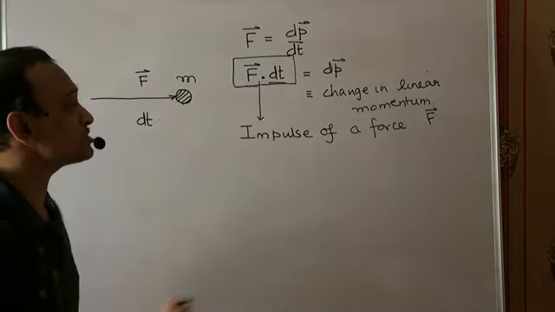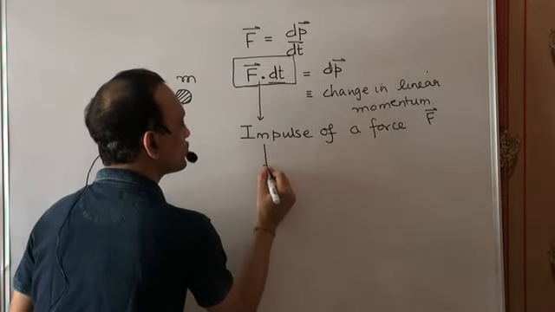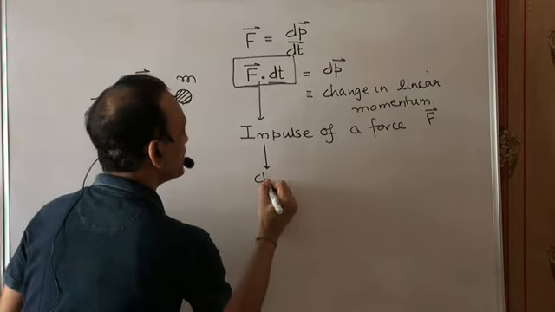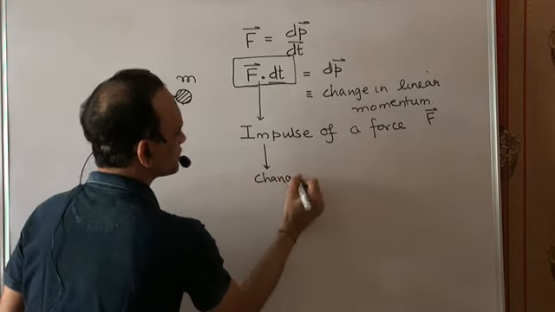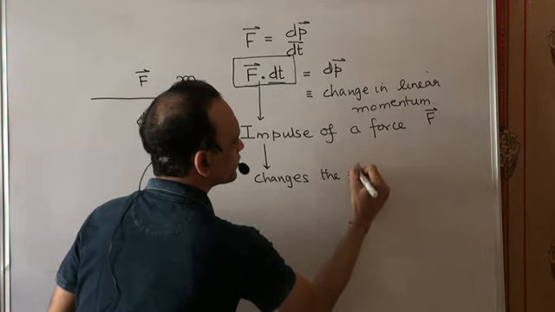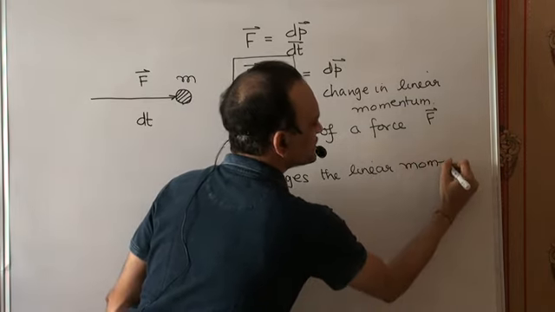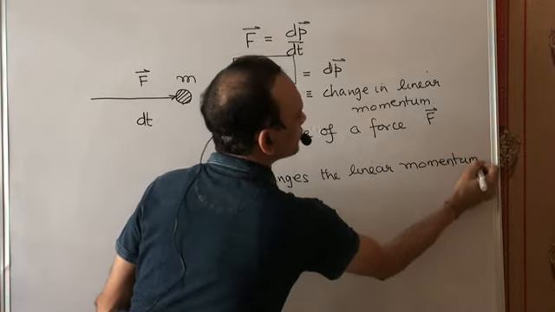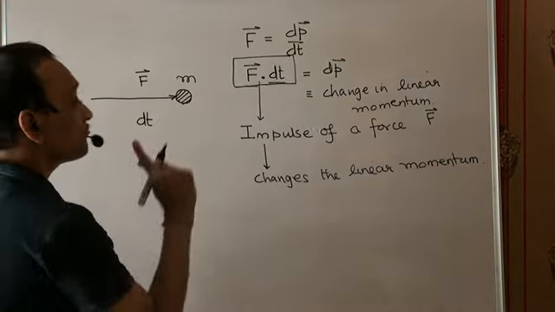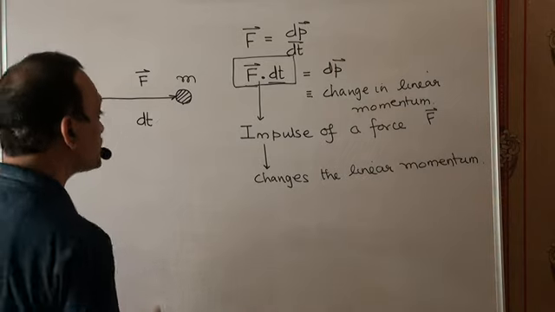And what does the impulse of a force do? Impulse of a force changes the linear momentum of the particle. That means final linear momentum minus initial linear momentum.